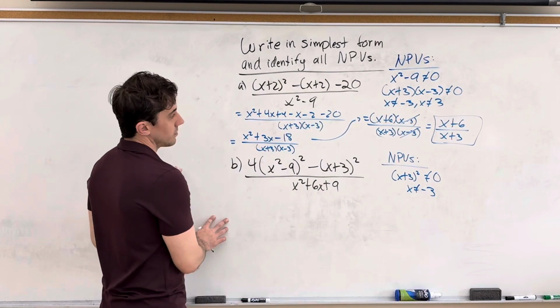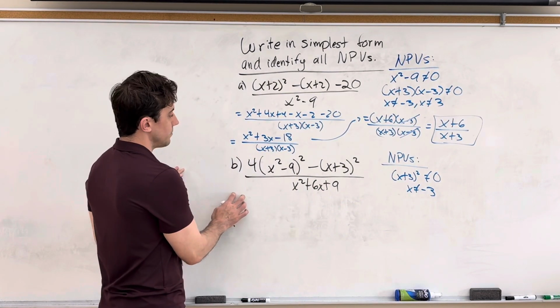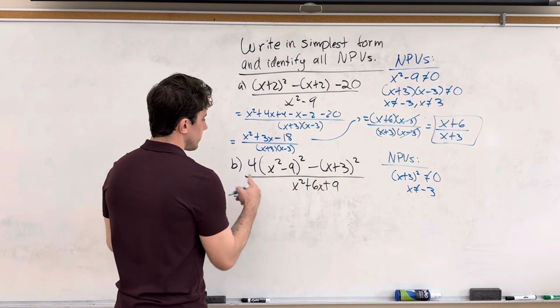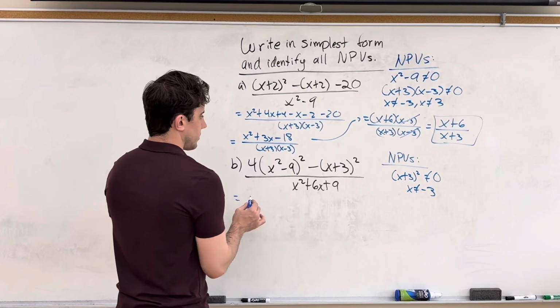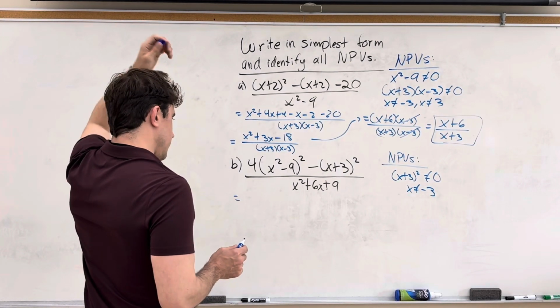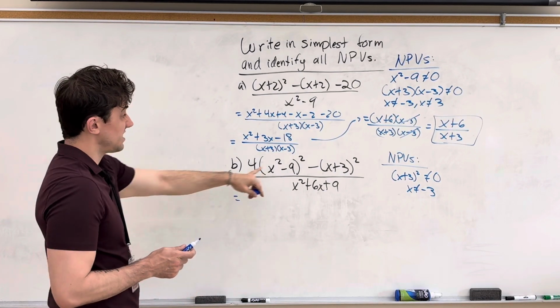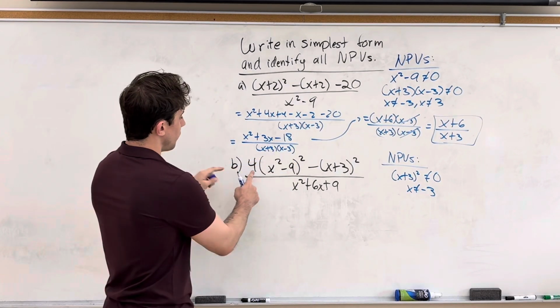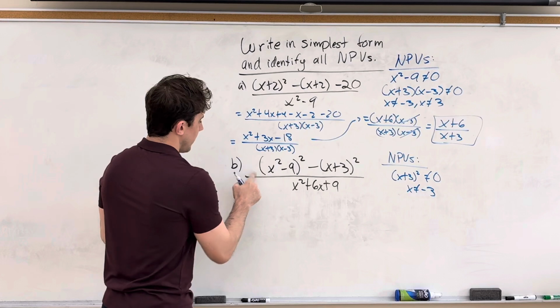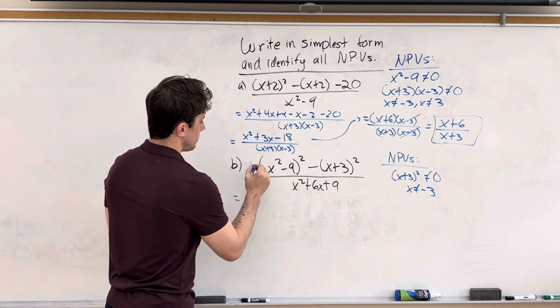And now looking for the same kind of strategy in part B, let's expand the numerator. One thing that comes to mind is this is a difference of squares in the numerator, because 4 is really the same as 2 squared.